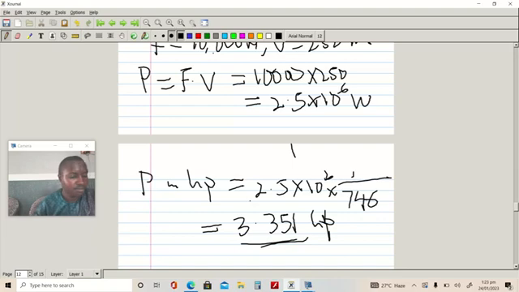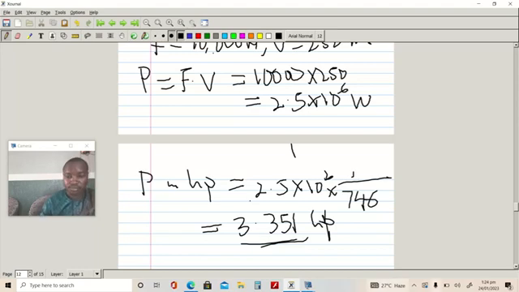Try and divide 2.5 times 10 to the power 6 by 746 and see what you will get at the end of the day. So that's what you have in horsepower.